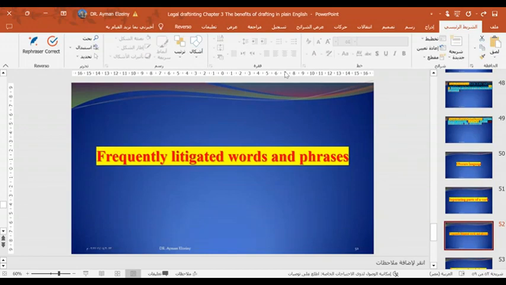Drafters who use it should recognize its inherent vagueness. In professional undertakings, its use is particularly dangerous.